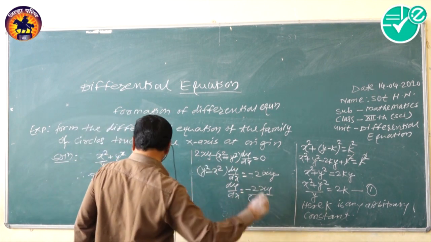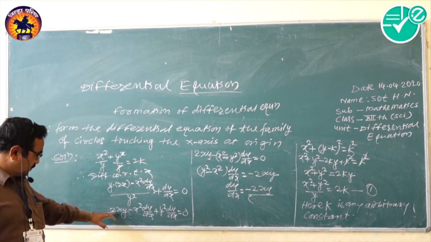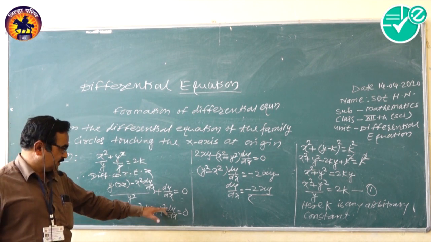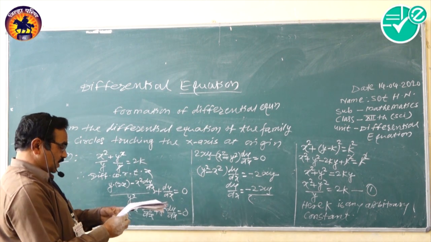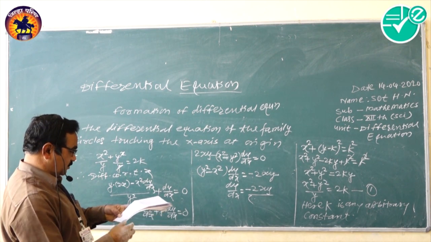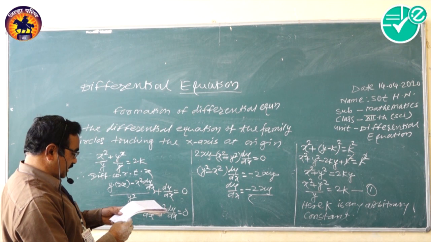This function: 2xy minus x square dy by dx plus y square dy by dx, y square minus x square dy by dx minus 2xy.